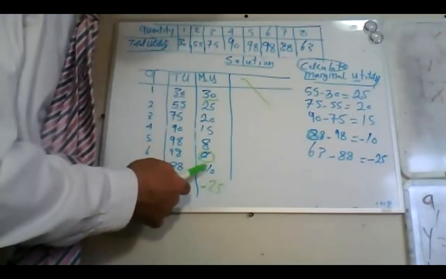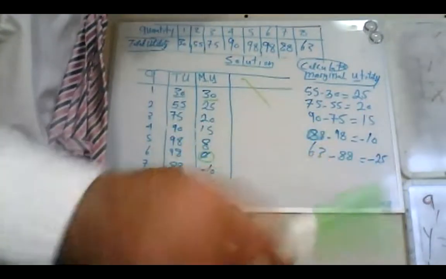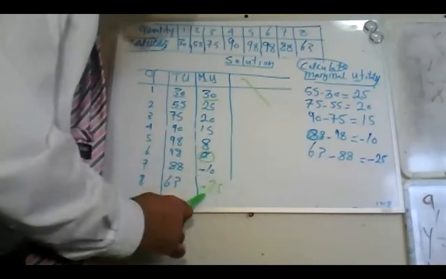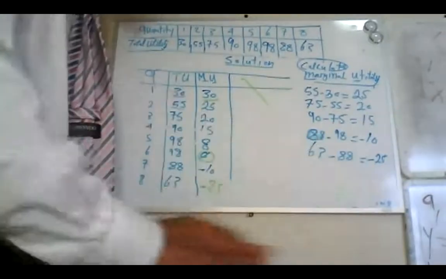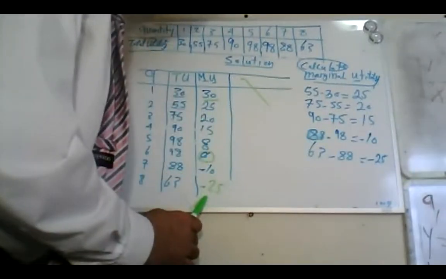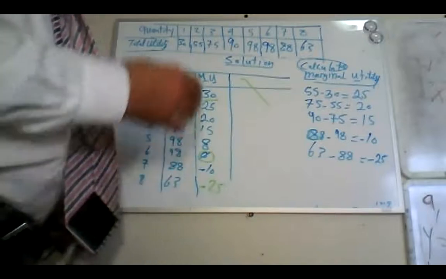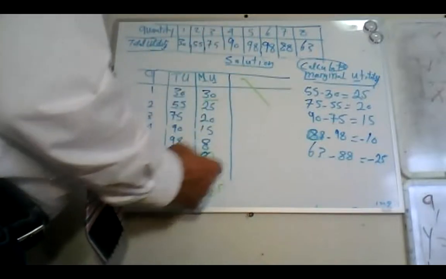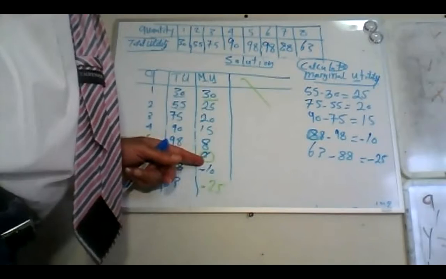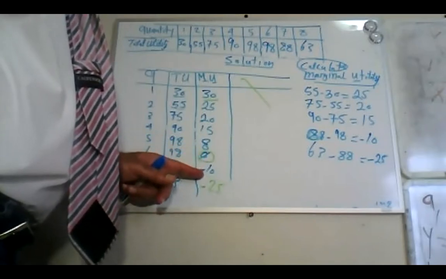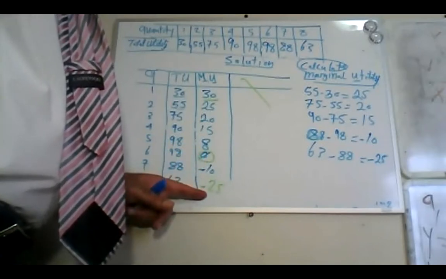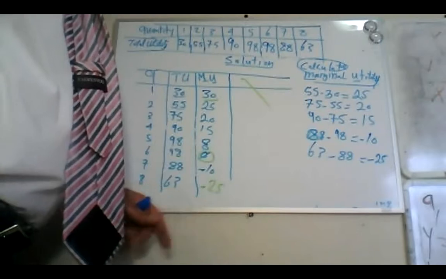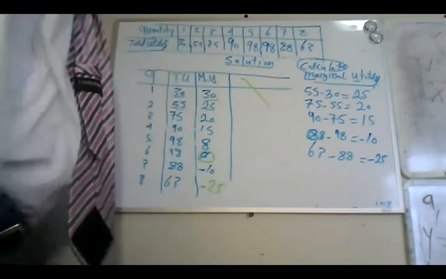This is the zero, because you don't want any more. And then it turns into minus, because you really don't want it. Like you see, the marginal utility decreases, reaches the zero level, then goes from zero into the minus. It performs negatively after this. So this is the marginal utility.